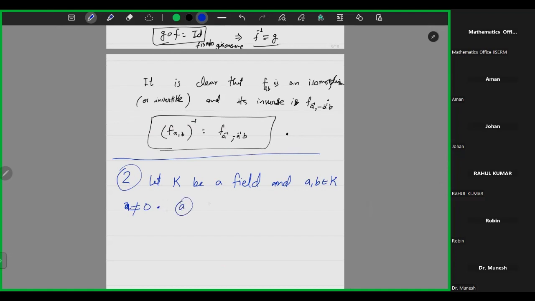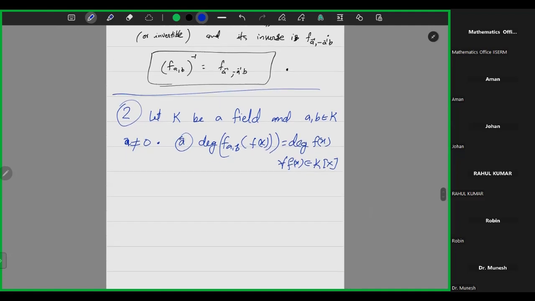We have to show that degree of FAB of Fx is the same as degree of Fx for every Fx belonging to Kx. And the second we will write again.